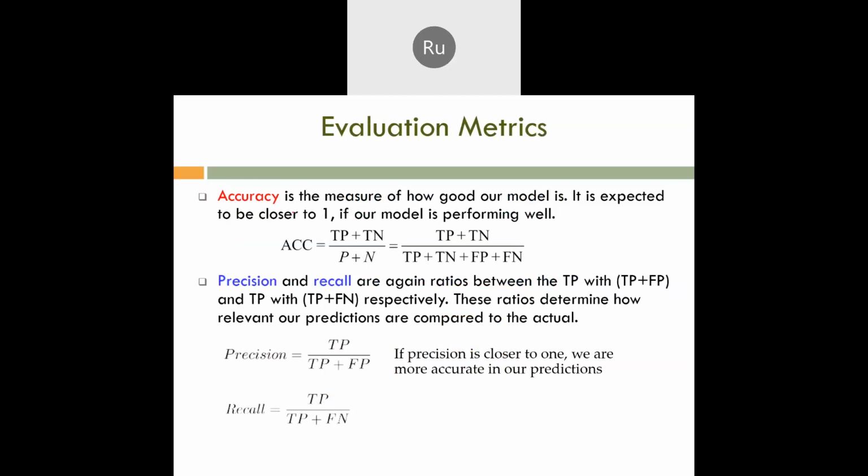This is the accuracy: the true positive plus the true negative, meaning you need to get all of these correctly classified, divided by the total positive and negative labels.